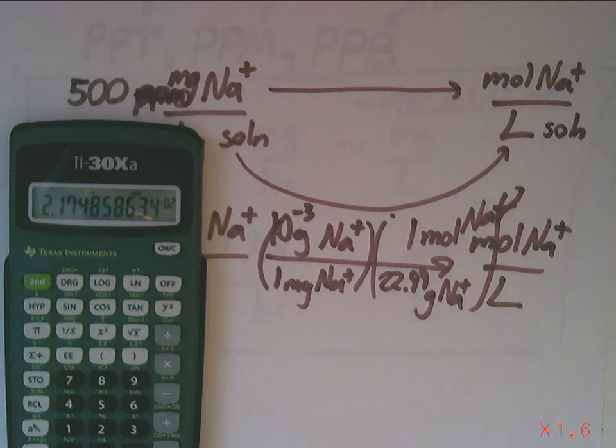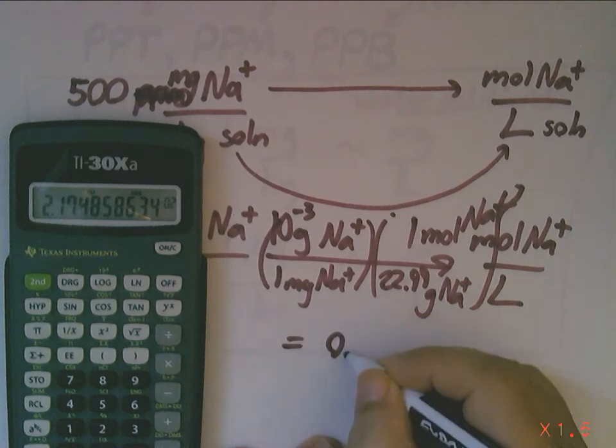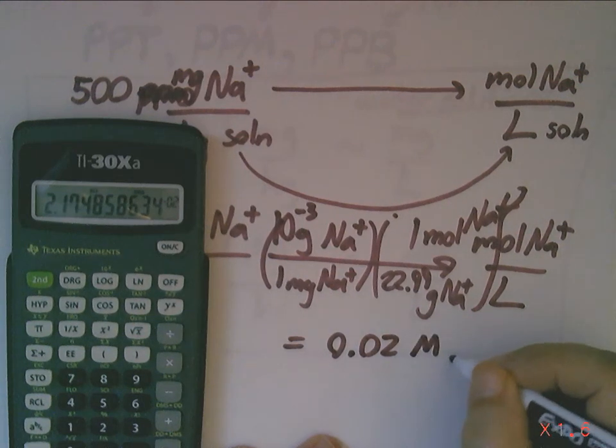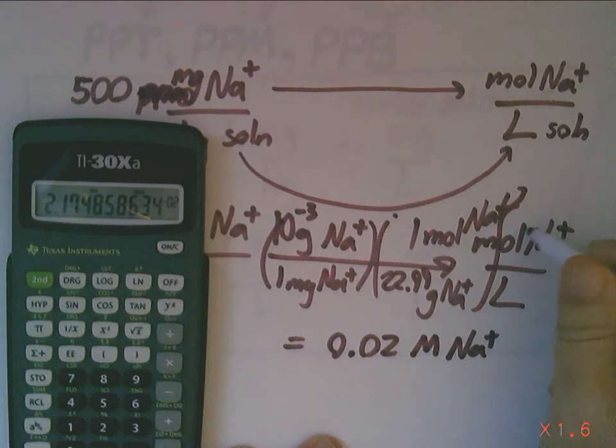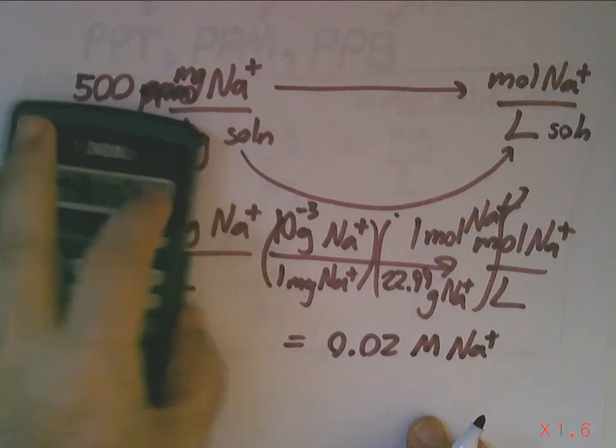I am only going to get 1 significant digit off of this. I can write it down either as moles of sodium ions per liter, or I can write it down with the abbreviation for molarity, like that.